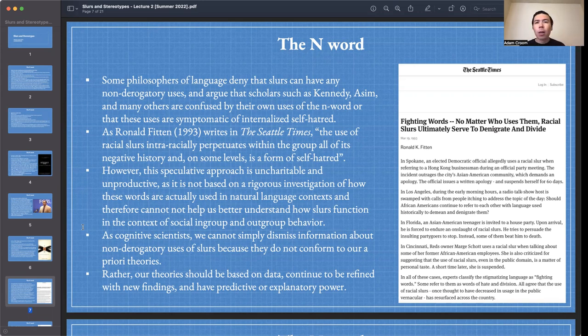Okay, so as I mentioned briefly in passing earlier, in order to make our theories simpler, we might just refuse to acknowledge the various usages of slurs. We might just focus on the derogatory use and say that's the only real use, right? Other scholars that say that there's an in-group use, they don't really know what they're talking about, right? So this has been an approach that's been pretty popular in philosophy, okay?